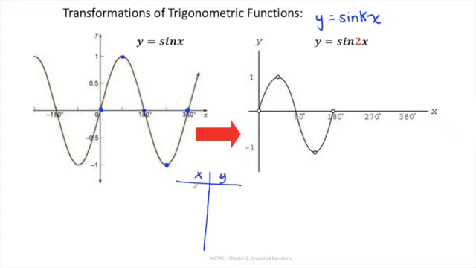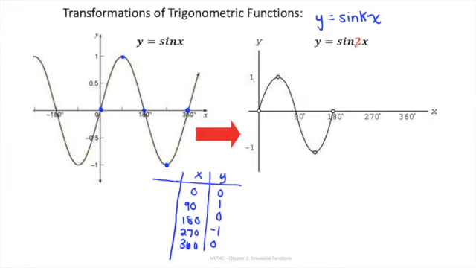So I'll show you how this one works. Because it's in front of your X, it's going to affect your X values because it is a horizontal. Remember, horizontal is your X-axis.